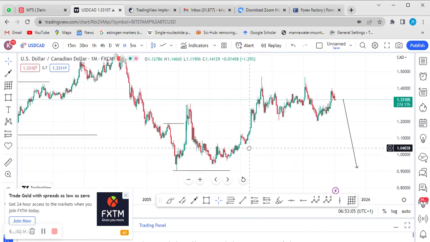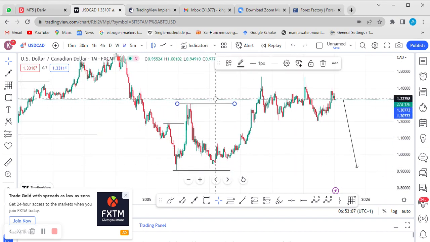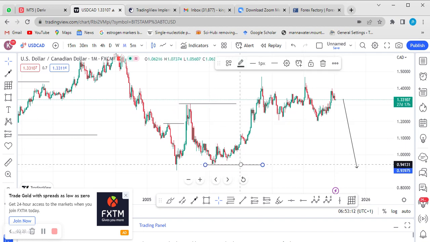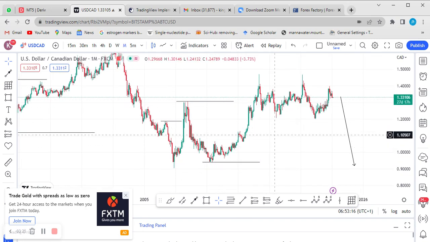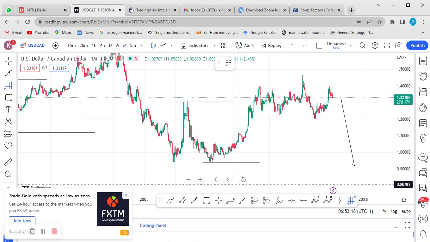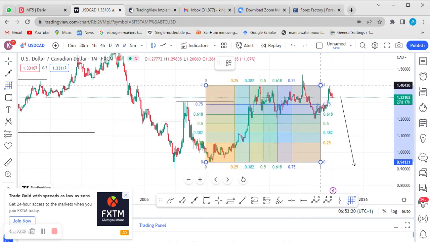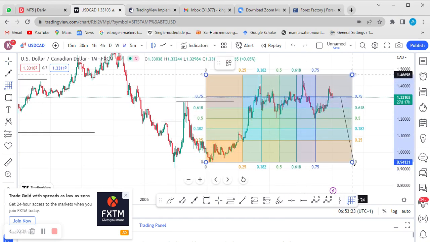So looking at this pullback, we can see that this became a new high and this becomes a new low, and we eventually had another breakout. So using our Gann box once again, what do we have here?